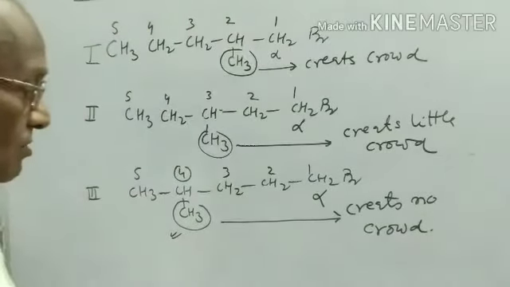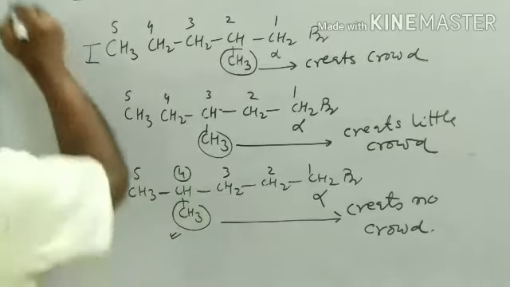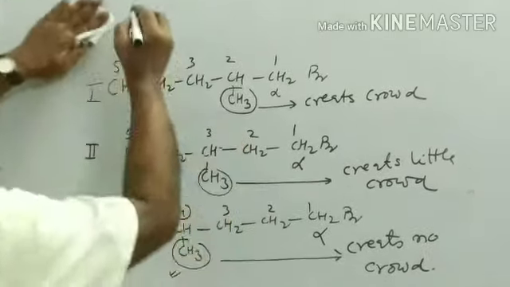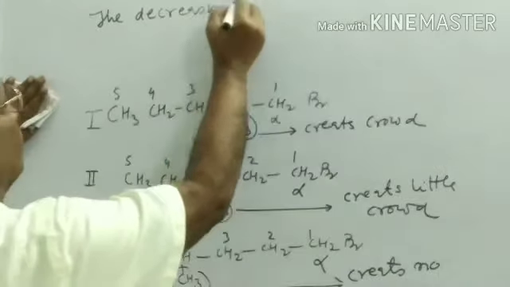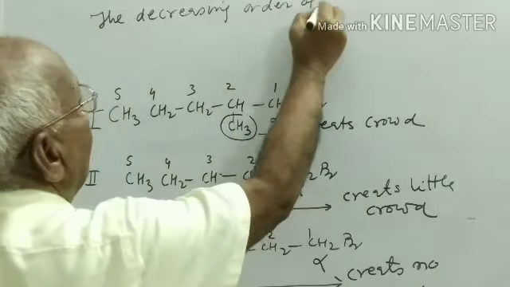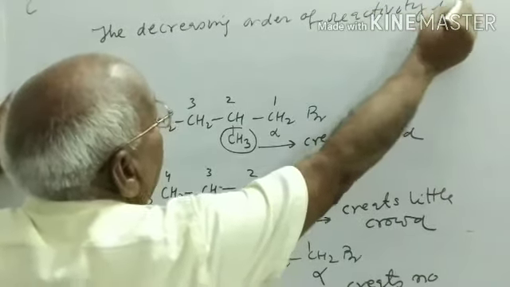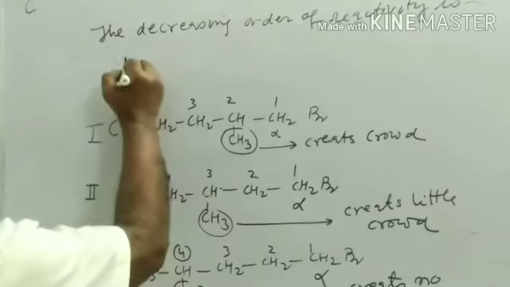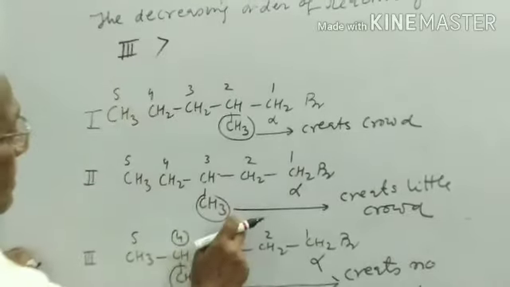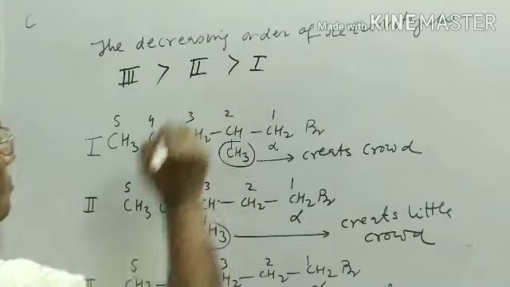So where is the least crowd? There is the least crowd. So the decreasing order of reactivity is: third is more reactive, then second, then first. This is the order of reactivity.